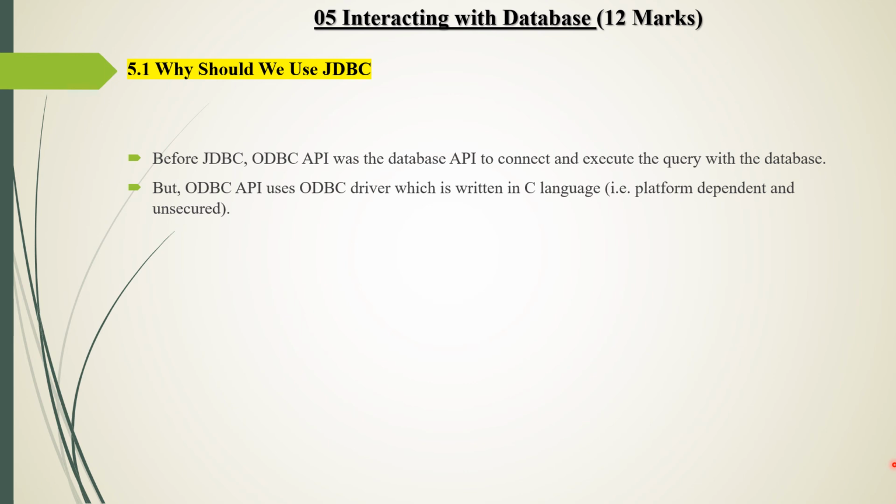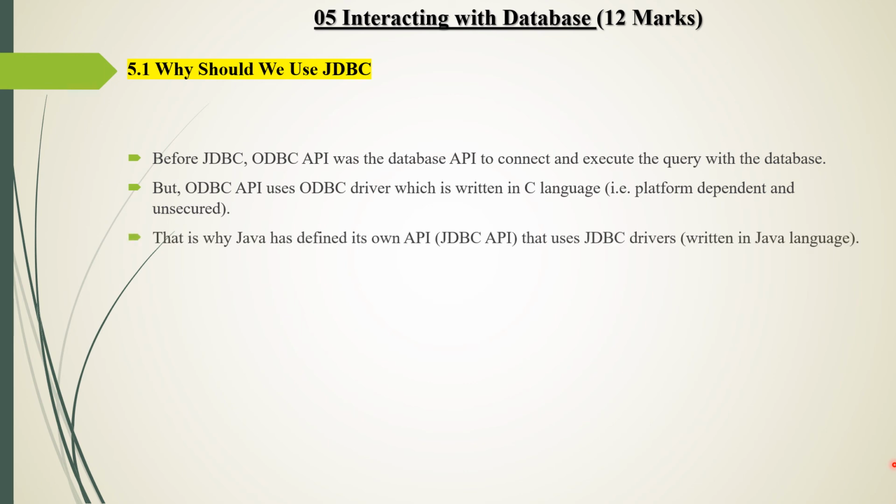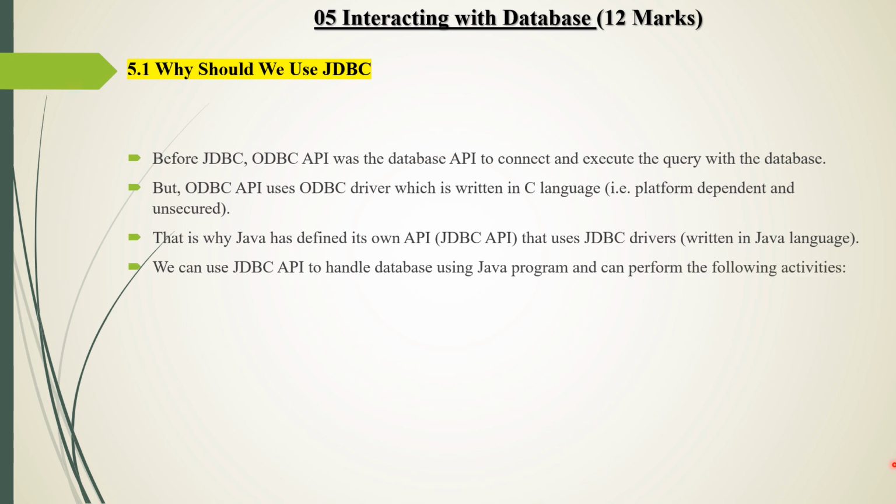That is why Java has defined its own API, that is JDBC API. That means Java Database Connectivity API, which uses JDBC driver, which is written in the Java language. We can use JDBC API to handle database using a Java program and can perform the following activities. First is connect to the database.